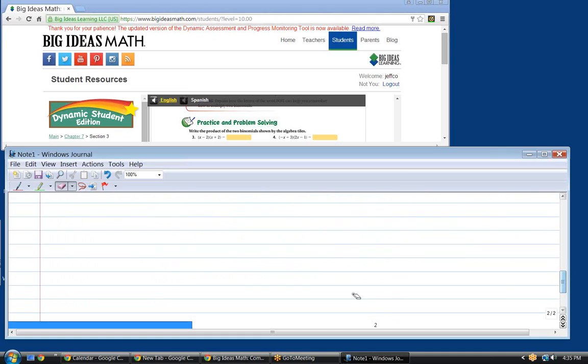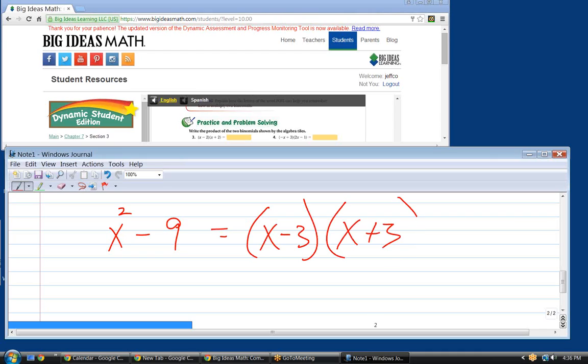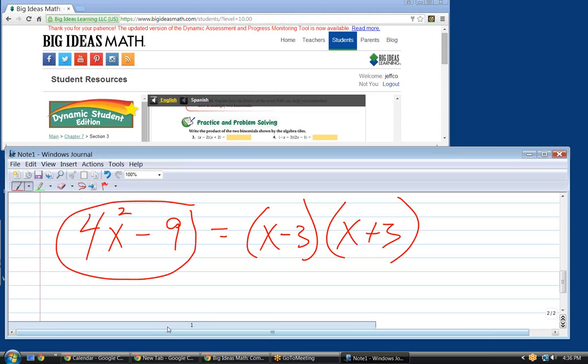Okay? Sweet. If I were to start out with x squared minus 9, that's also the difference of perfect squares. That is going to factor into x minus 3 times x plus 3. Okay? If I had 4x squared minus 9, that's also the difference of perfect squares.